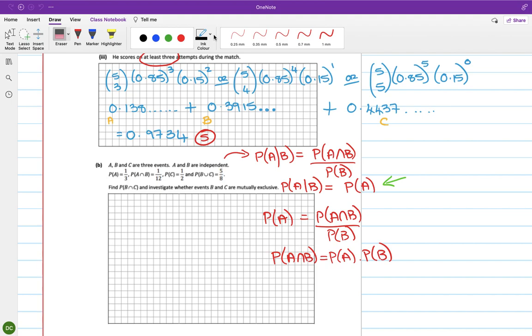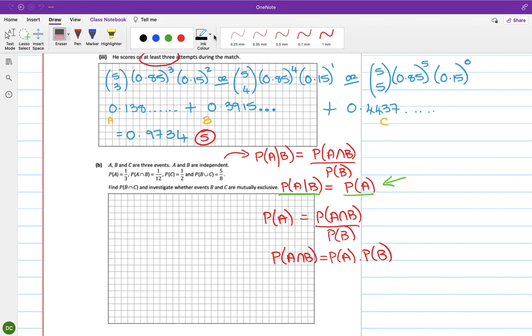Essentially, B occurring has no effect on A. So that thing I've underlined there is the probability of A happening if B has already happened, and B happening has no impact on A. That's why it is equal to the probability of A, because they're independent. It has absolutely no impact.